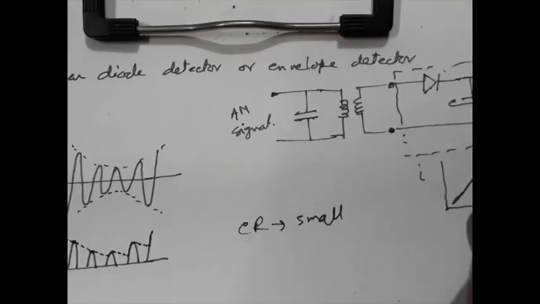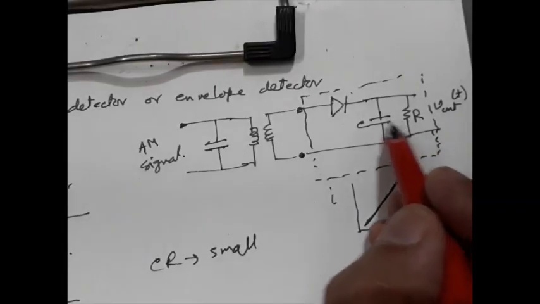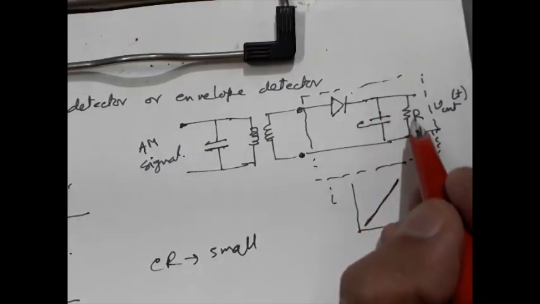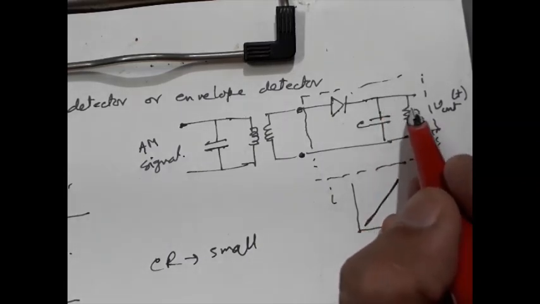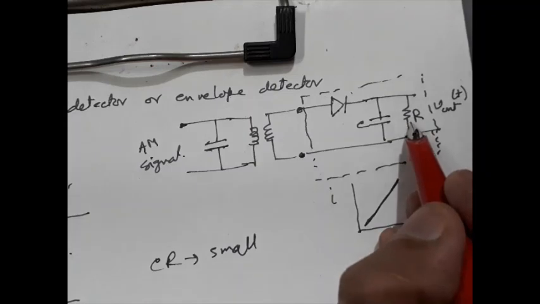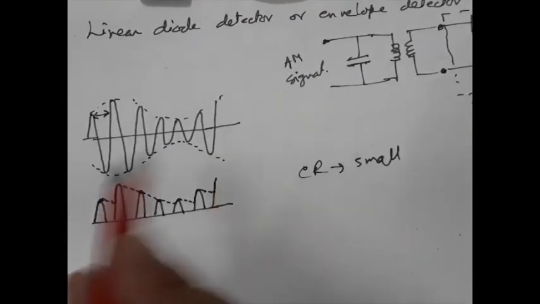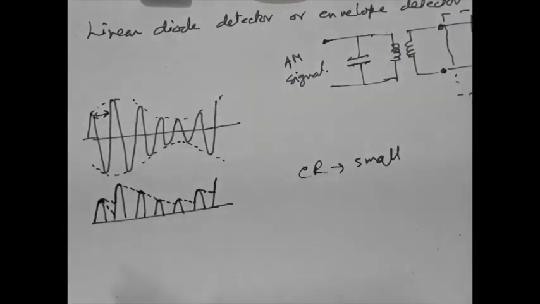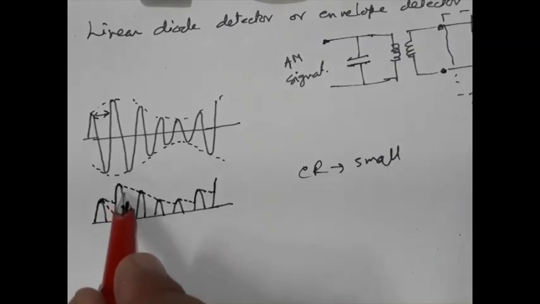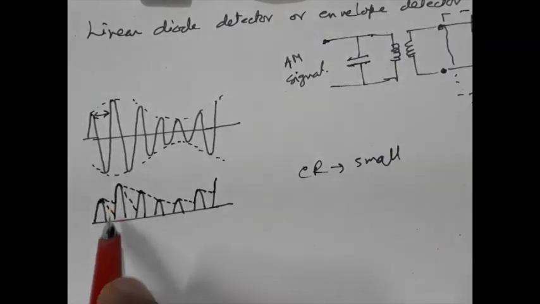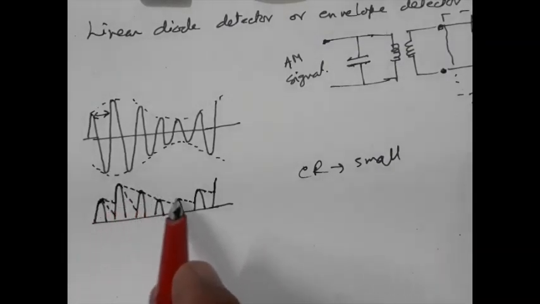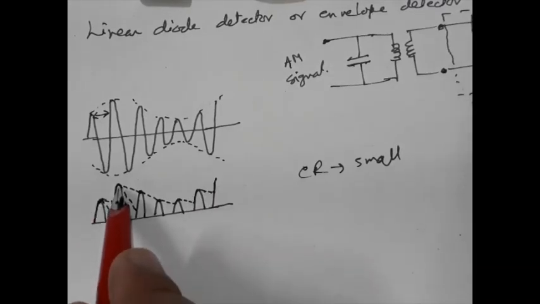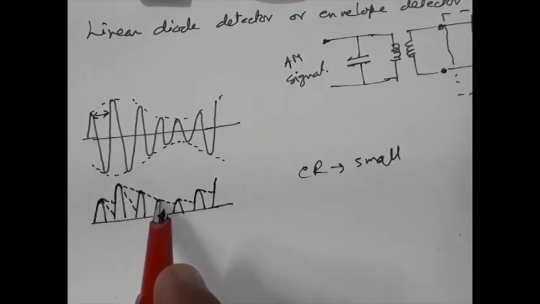Since R is small, the capacitor will discharge through R and lose its voltage much earlier. That means here the capacitor voltage will fall at a faster rate, producing more distortion like this. So instead of getting this signal, we will get a distorted signal, and this distortion is much larger.